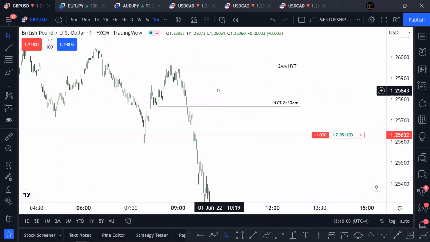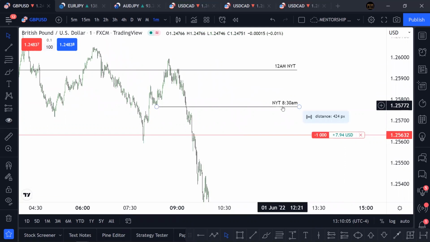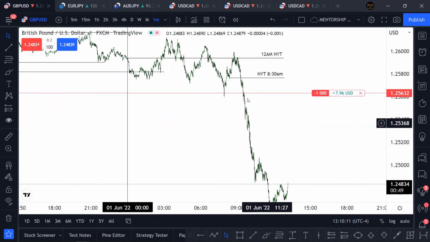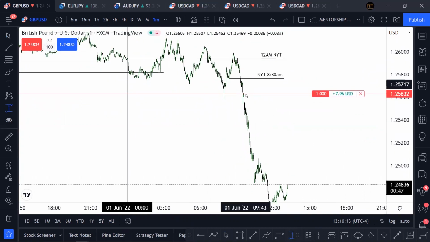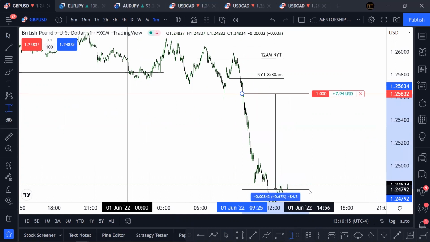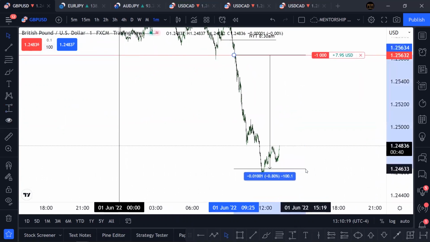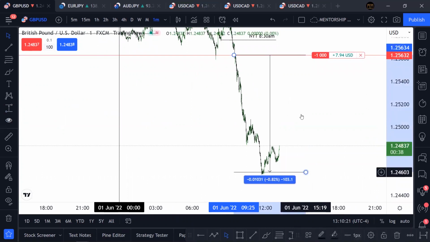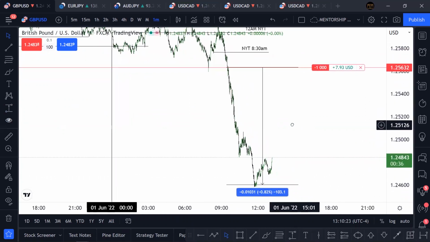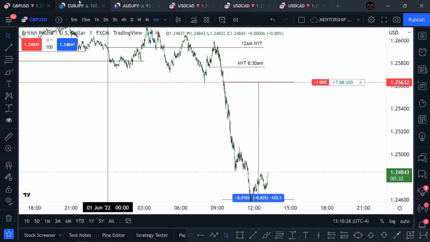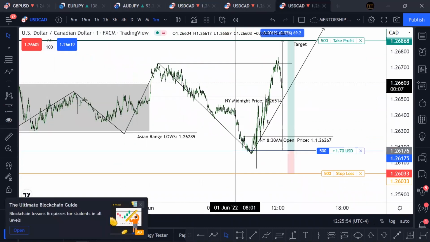I want you to use these two things here to look for perfect entries. If you want 50 pips, 100 pips a day, look at this strong drop. These are 80 pips, something like 100 pips. I took 150 pips today, trading this and this other one here.